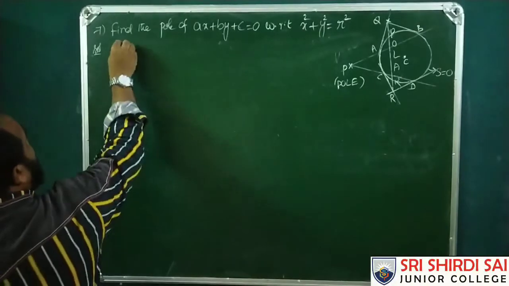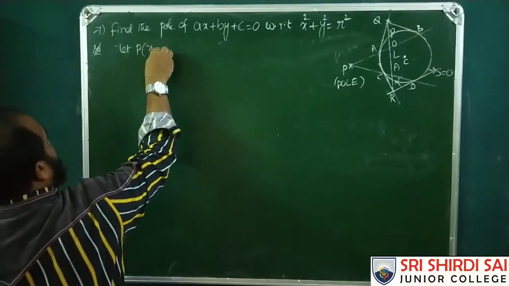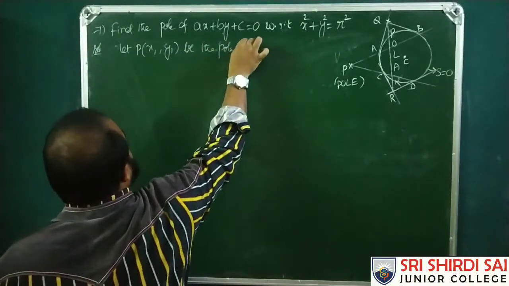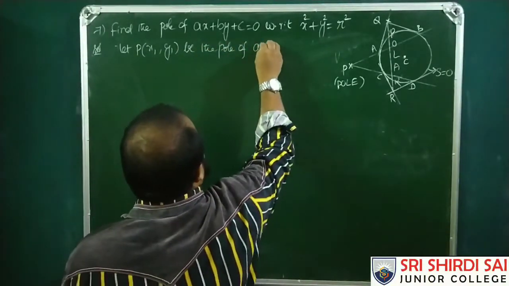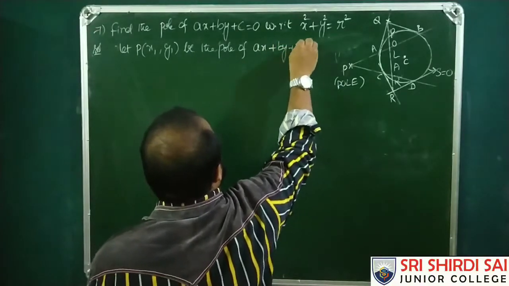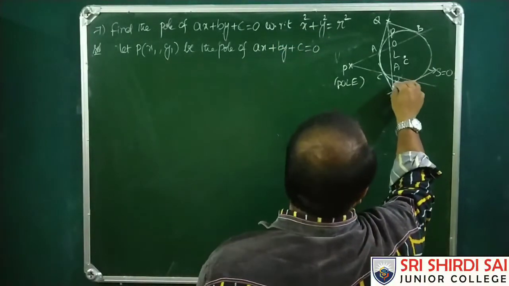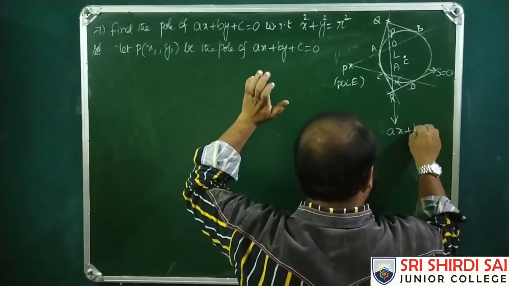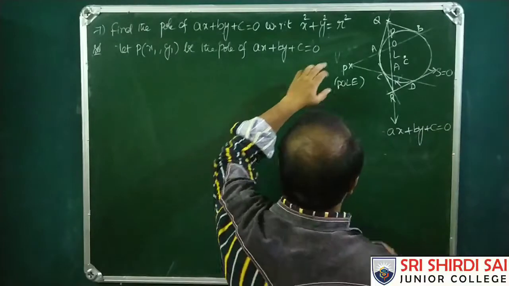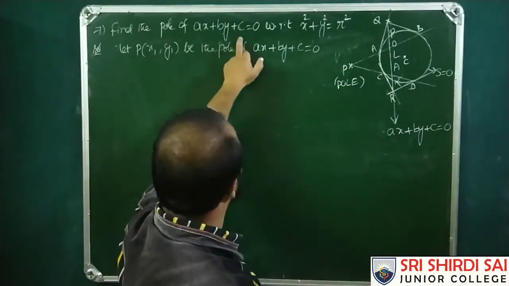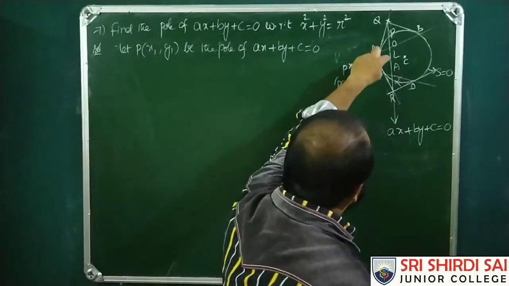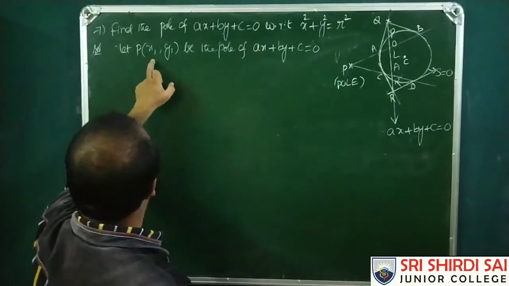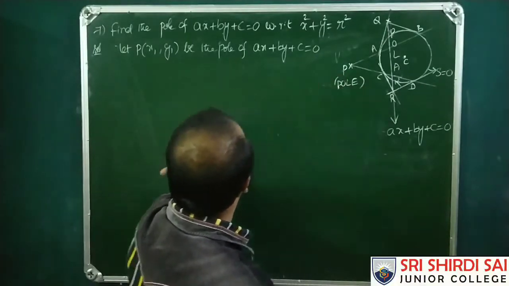Let P(x1, y1) be the pole of ax + by + c = 0. So this straight line is there, ax + by + c = 0, and for this line we have to find the pole P. For which I have taken this P to be (x1, y1).